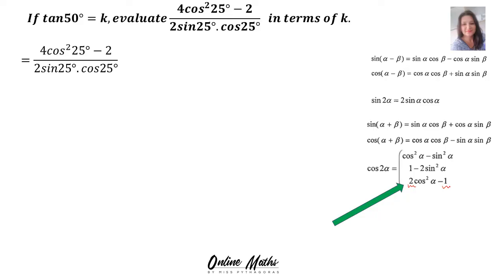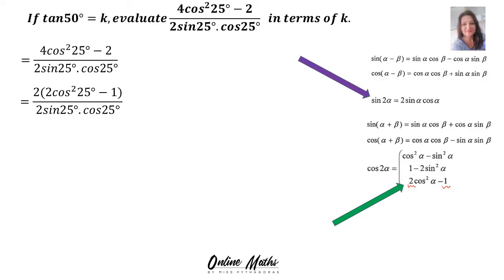So the first thing you can do is take out 2 as a common factor. Then you're left with 2 cos squared 25 minus 1, which is indeed the double angle for cos 2 alpha. And on the denominator, you have 2 sin 25 cos 25, which is the double angle for sin.